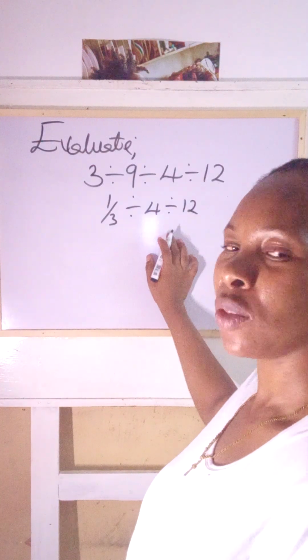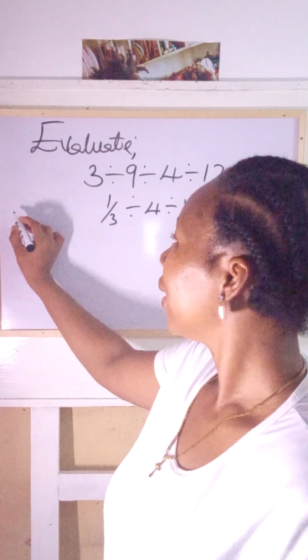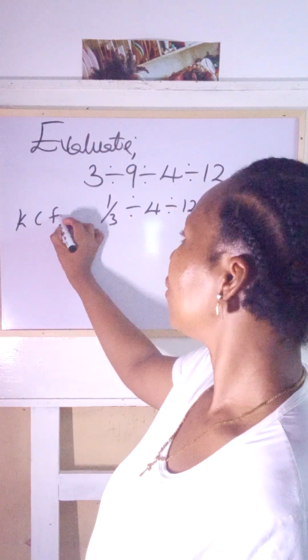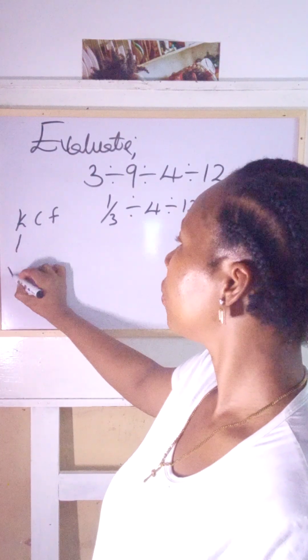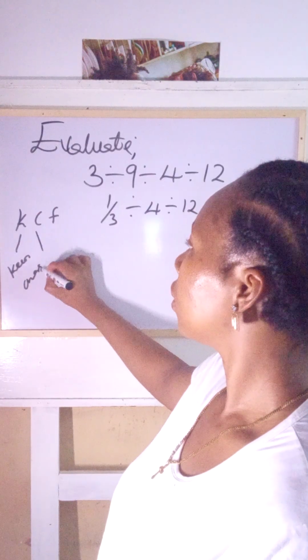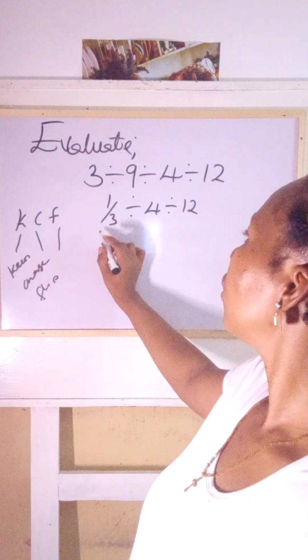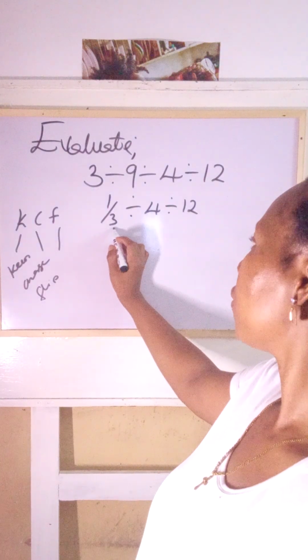Here now you have to make use of KCF law. KCF law: K stands for keep, C stands for change, and F stands for flip. You have to keep the first fraction.